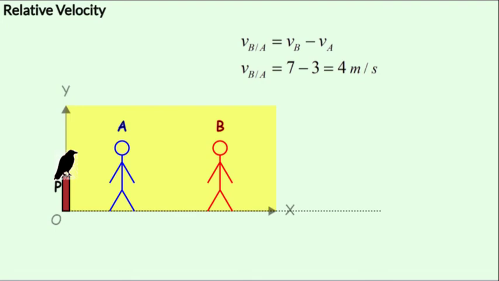When you check the relative displacement of B with respect to A, it would be the same from the ground frame of reference or from A's frame of reference, but the relative velocity will change based on the ground frame of reference or A's moving frame of reference.